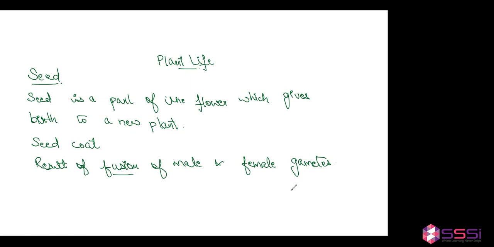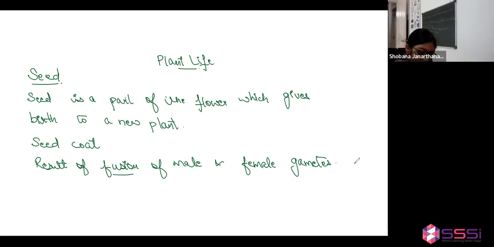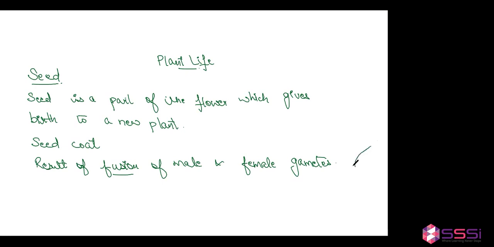For example, male and female gametes. Have you seen a flower, I don't know the name in English exactly, where there are tentacles like this and there are small yellow dots in it?